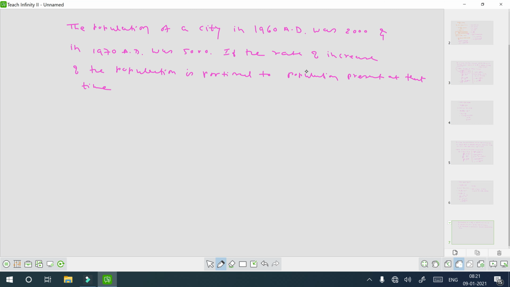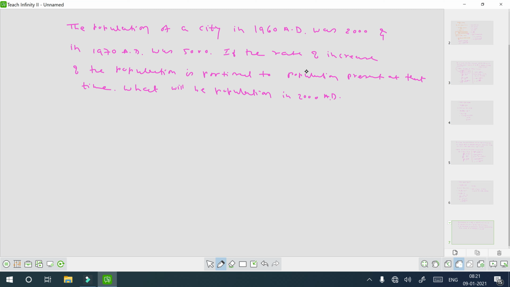Clear? What we want? We want the population at the end. What will be the population in 2080? Clear?